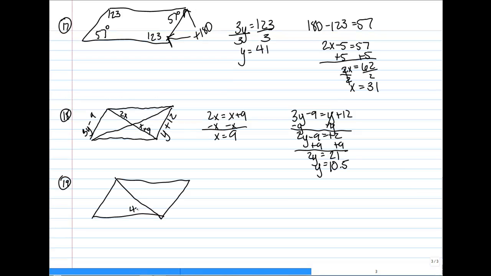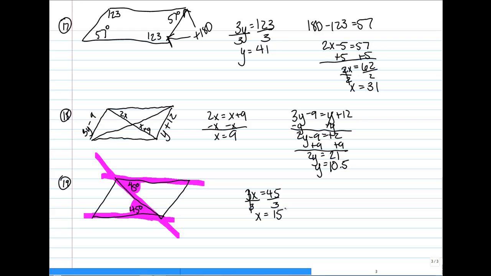This is 45, and if you look, parallel lines cut by a transversal, so if this is 45, this is also 45. And it says that's 3x, so 3x is equal to 45. Divide both sides by 3, and x is 15.